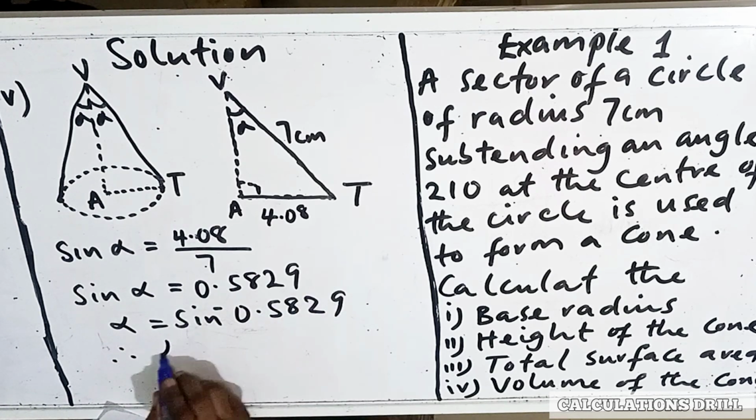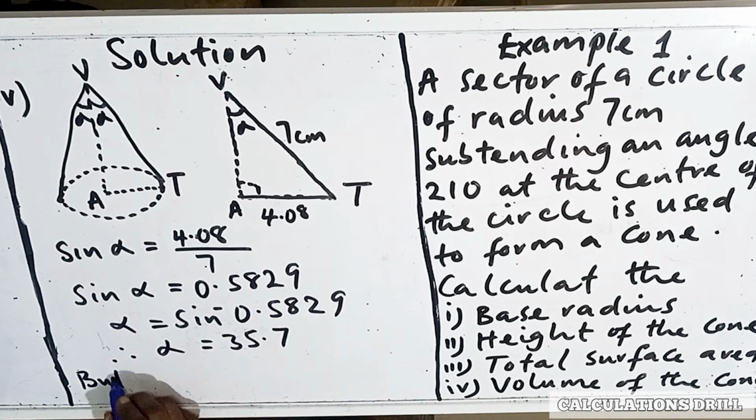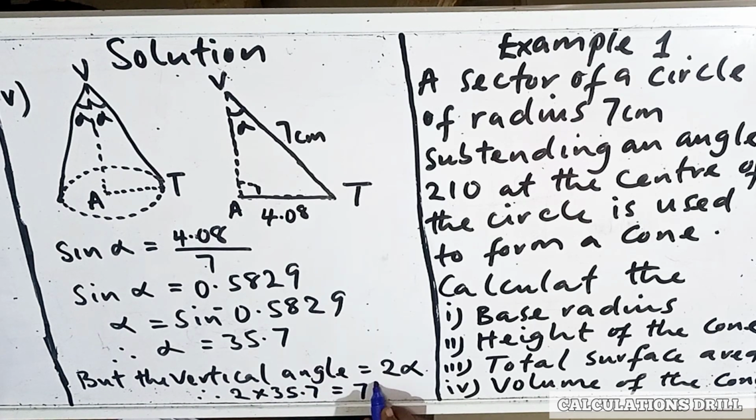So when we look for the sine inverse of that, we got 35.7. But remember, that is 1 alpha we calculated for, but the vertical angle is equal to 2 alpha. So we multiply 35.7 by 2, and that gave us 71 degrees approximately.